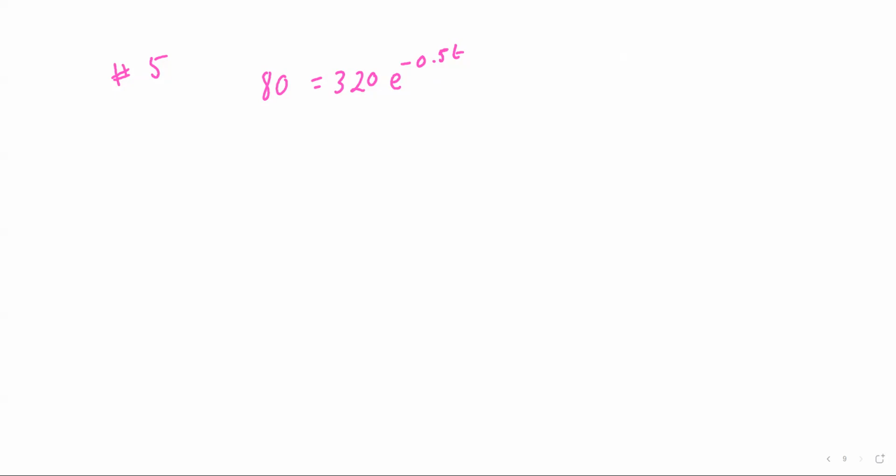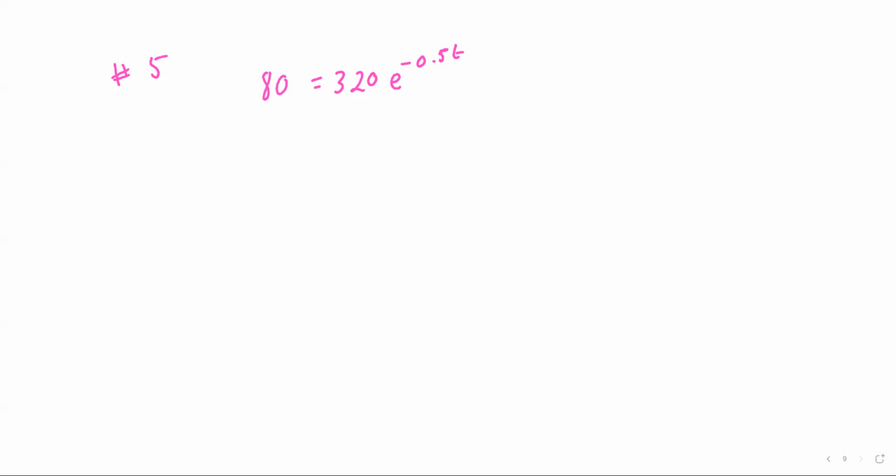All right. We do this right here. We see this. We go, there's no way to manipulate these two numbers to make them the same. So I'm going to try to get it to a point so that I can isolate that exponent. I see an E. What logarithm am I thinking of right now? The natural log. But I can't just take the natural log to get rid of that E because of that 320.